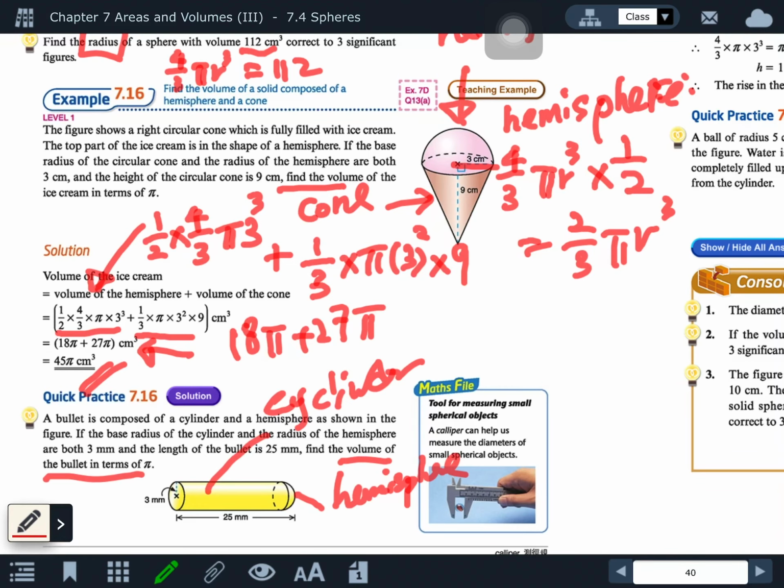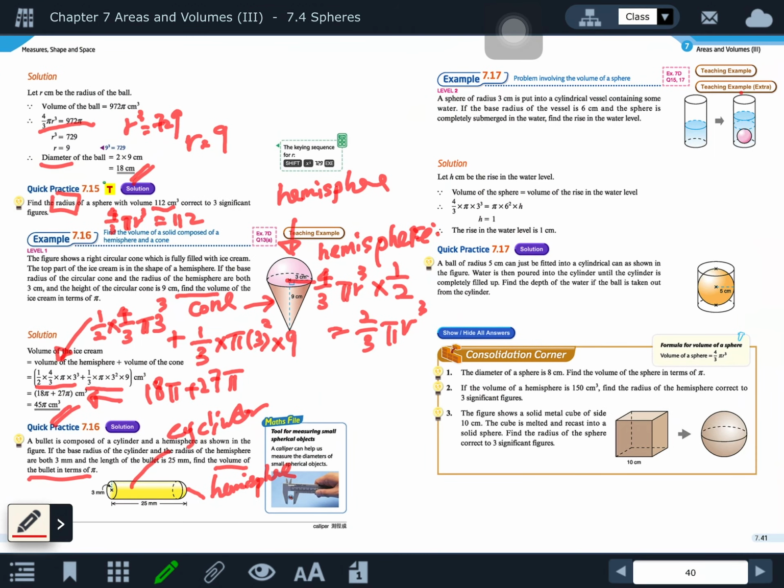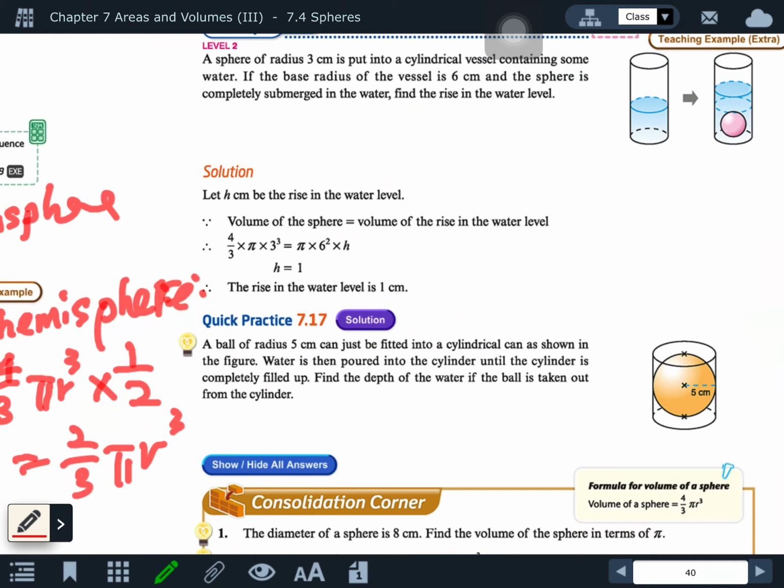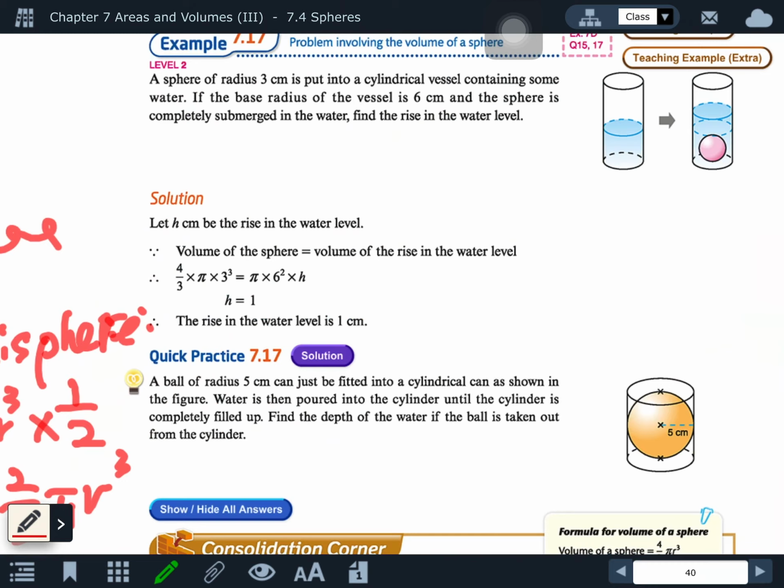Okay, so the final example is 7.17. What happens here is that we have a cylinder, we filled it with water, and we put a ball into it, and then the water level rose.